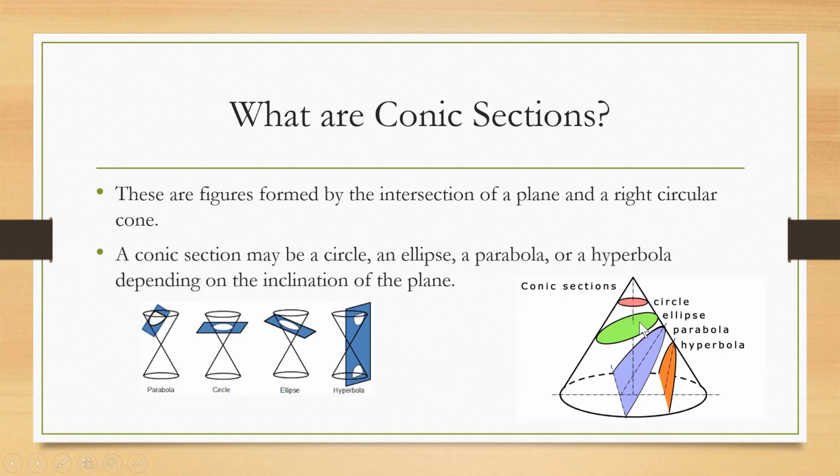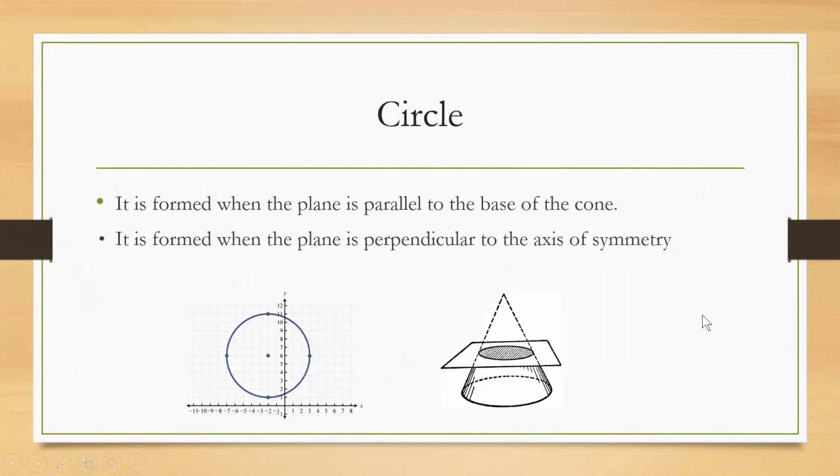Depending on the angle of inclination, or how much the plane is tilted, we can get different kinds of conic sections. For the first type, we have circles.